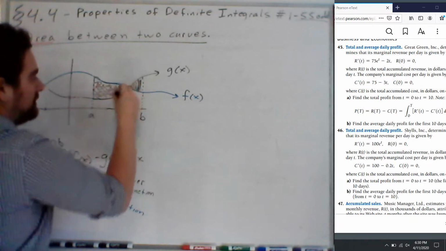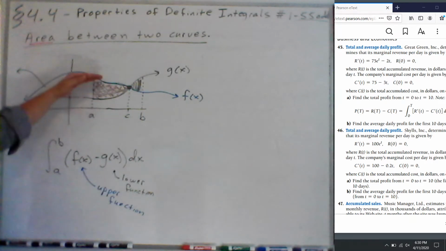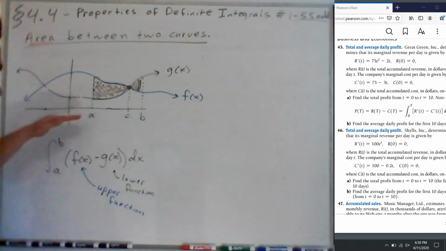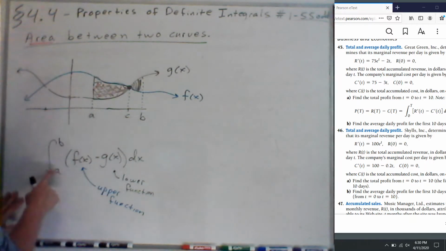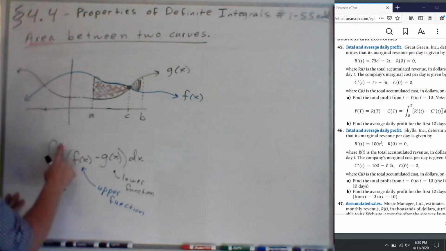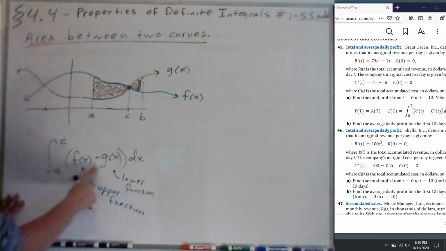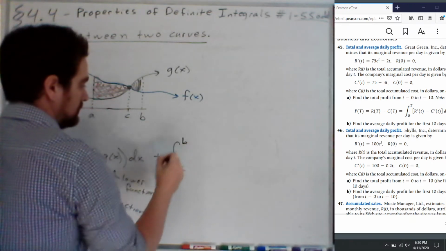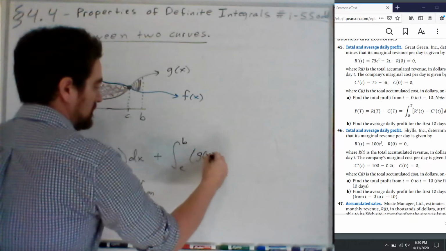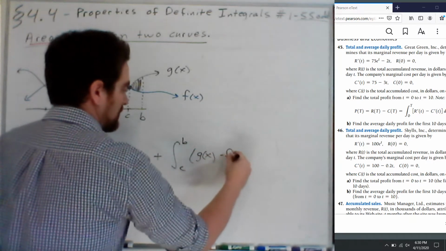We have to find that value where they switch roles, where the blue goes under the black and the black goes above the blue. And we'll have to break this up from a to c to get this positive area, and then later go from c to b of the g of x minus f of x.